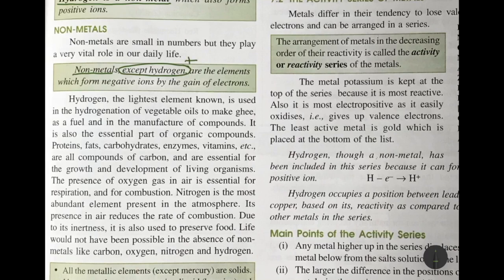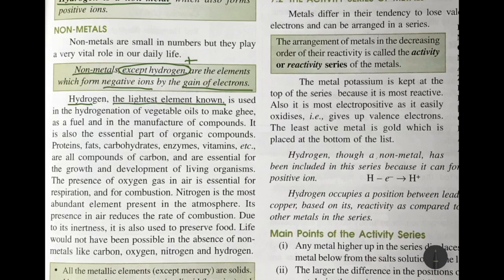When we are to define non-metals, we define them as the elements which form negative ions. How do they form negative ions? By gaining electrons. Now, hydrogen is the lightest element known. So in your one word answer, if you get the lightest element known, you will write down hydrogen.